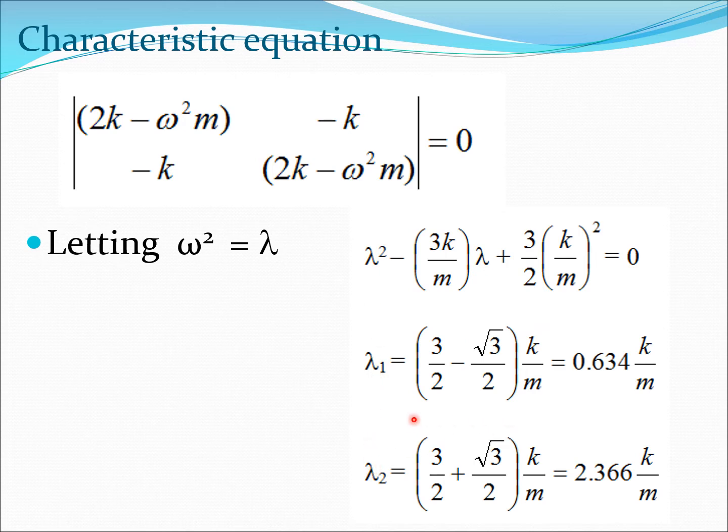If you further simplify these forms which involve root 3 and so on, you get first root is 0.634 k by m, second root is 2.366 k by m, and clearly you can see dimensionality is good because k by m is a typical dimension of the frequency square. So again, remember that the frequency square is equal to the lambda here.